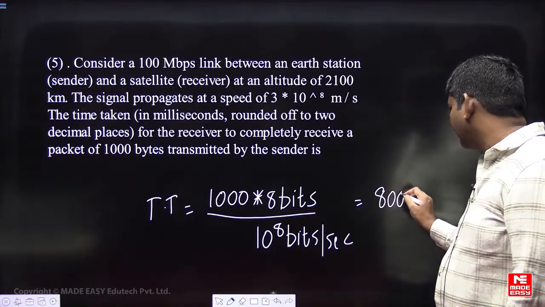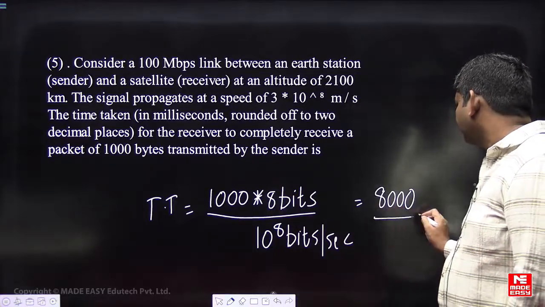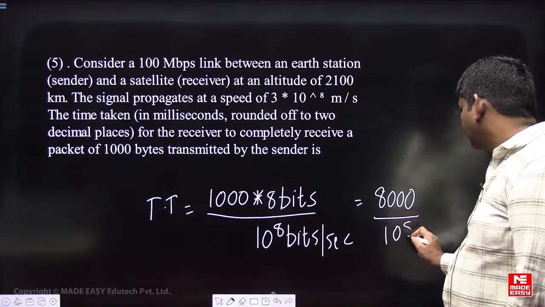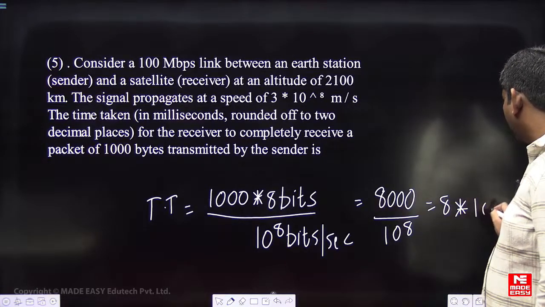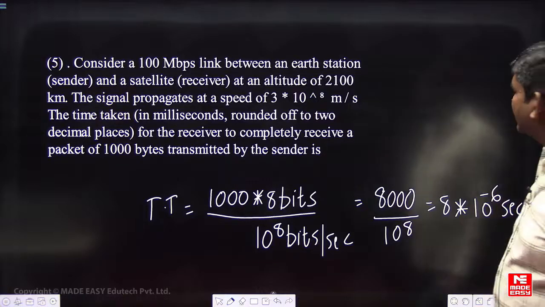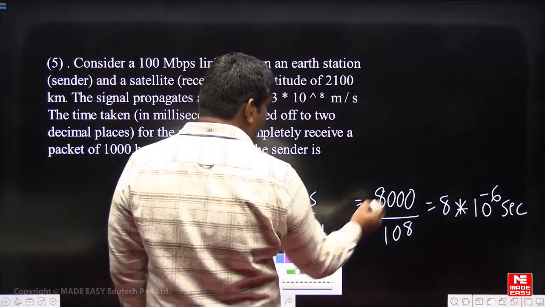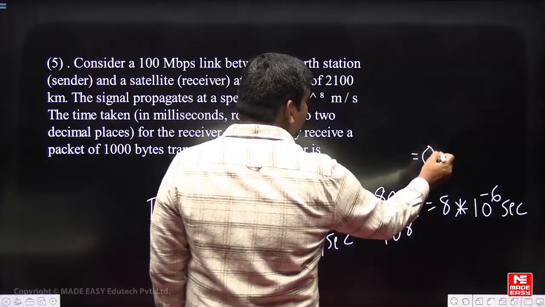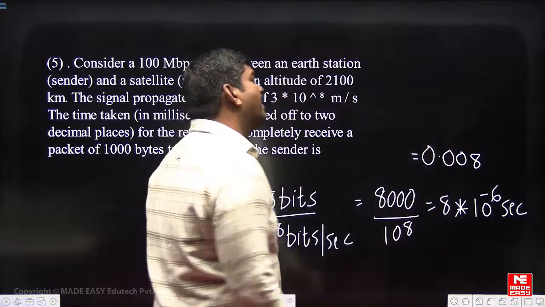So this is 8000, the bandwidth is 10 power 8. So this is nothing but 8 into 10 power minus 6 seconds. But since they are asking in milliseconds, try to convert into milliseconds. If you convert this, it becomes 0.008, with 10 power minus 3.